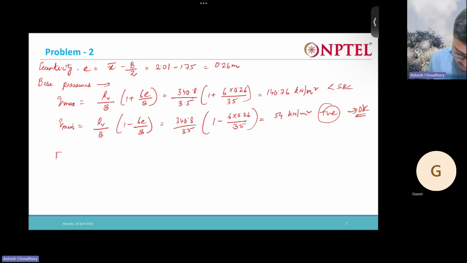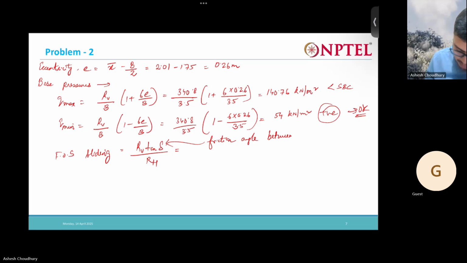Now factor of safety against sliding: RV tan delta by RH. So RV, this is nothing but the angle between the base soil and the base of the retaining wall.